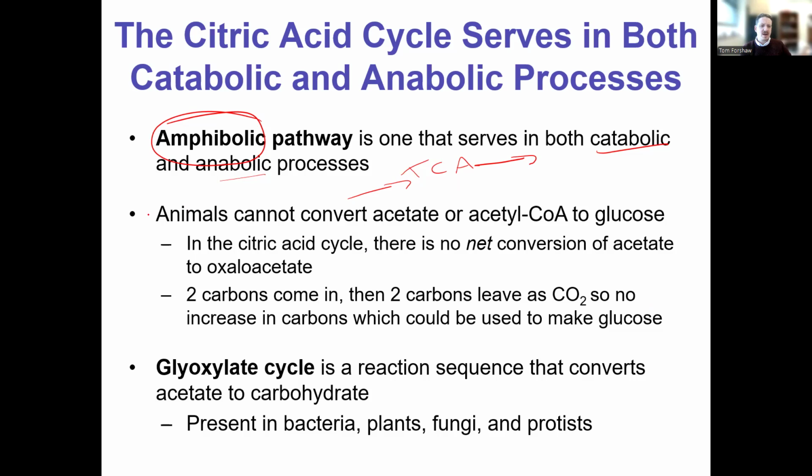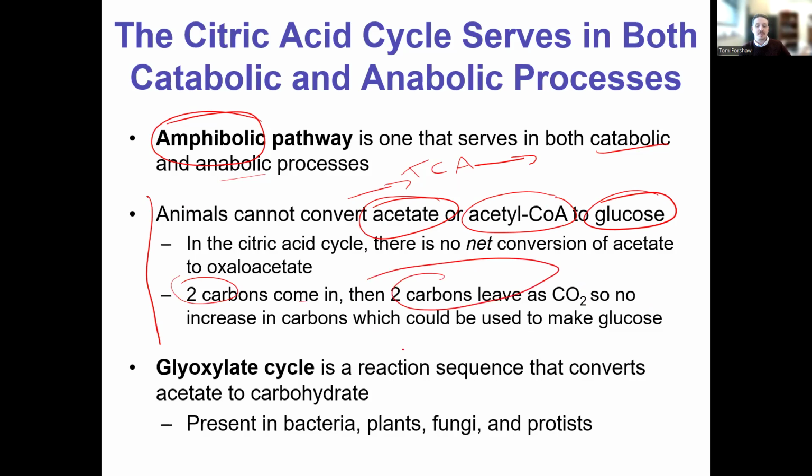Like I mentioned, we can't convert acetate, so acetyl-CoA, into glucose. We can't do that because 2 carbons come in and 2 carbons come out. What we can do instead is convert pyruvate, which is just before it, into glucose via oxaloacetate with the enzyme PC that we'll move on to later on. But other things can.